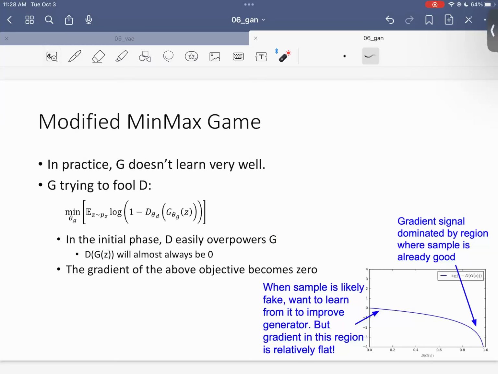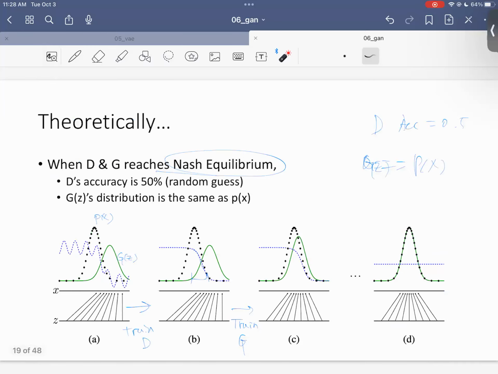Right, it could be a good quantitative metric. Before I answer Zamaladin, theoretically, when we reach Nash equilibrium, the accuracy of the discriminator D will be 0.5.